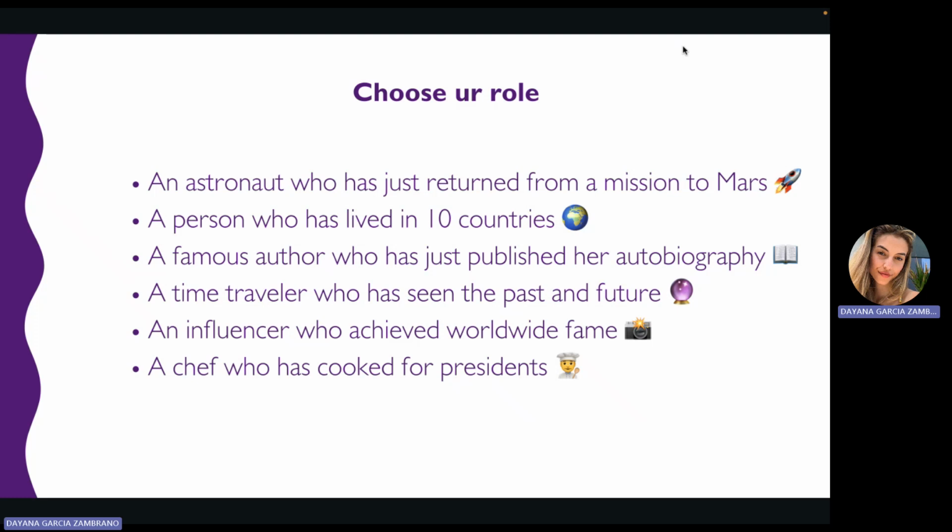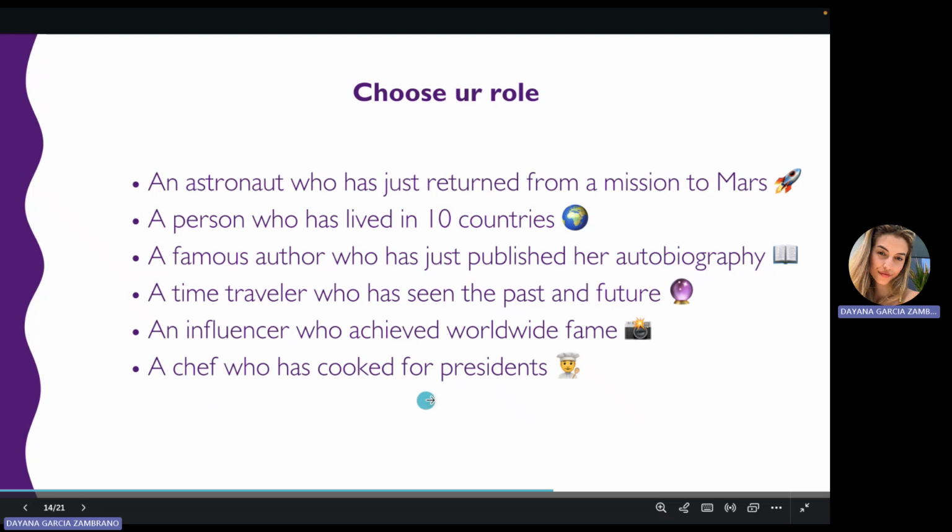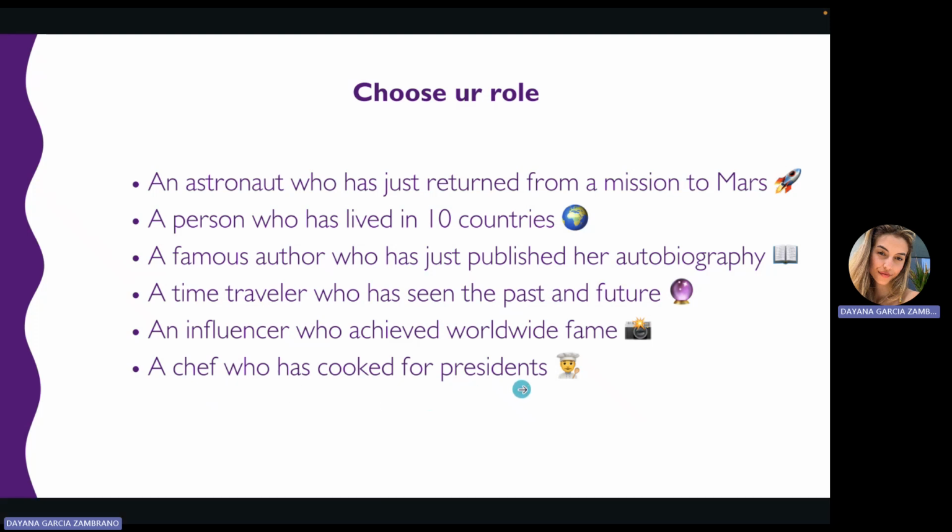Student A is going to choose, for example, a person who has lived in 10 countries, and student B is going to choose a chef who has cooked for presidents. So they need to think up and be their role, a chef, a chef influencer, someone famous, or a time traveler, and so on.